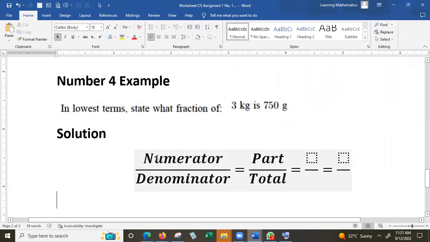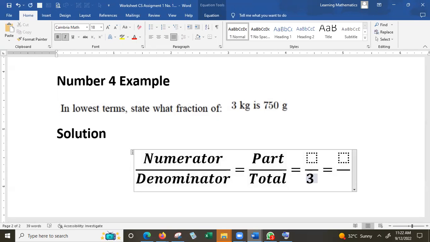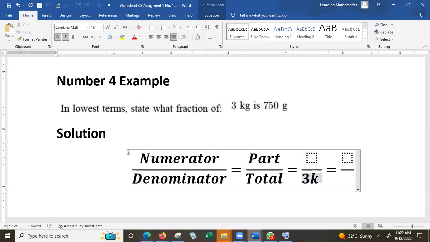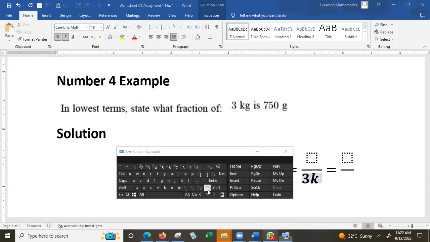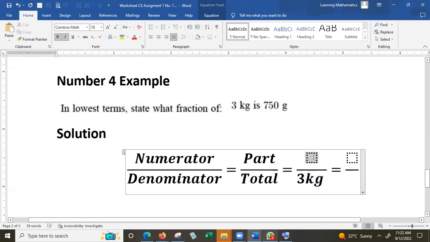Now, a fraction has a numerator and a denominator. As we see already, the numerator is the part, the denominator is the total. The total here is 3 kilograms. We can say of the 3 kilograms, what is 750 grams?